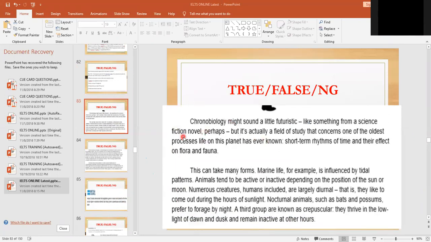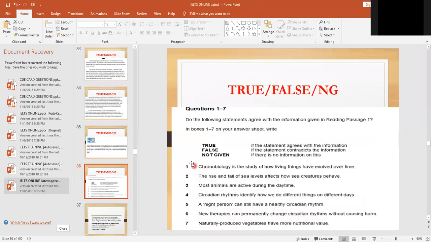Okay, this is another true, false, not given passage. This is paragraph 1. This is question 1. Question 1 is saying chronobiology is the study of how living things have evolved over time. So let's go read paragraph 1.